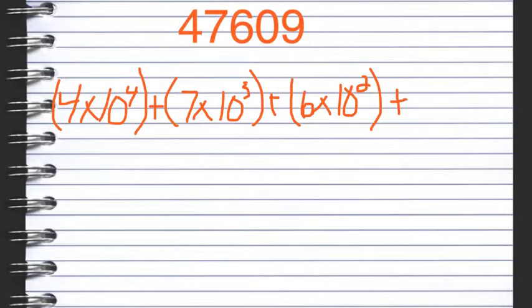I just skip over it and go to my next place value, which is my ones place, and write plus 9 times 10 to the 0. So here, if you look, I don't actually have a 10 to the 1 between these two, and that's okay. If you have a 0, you don't need to write that down.